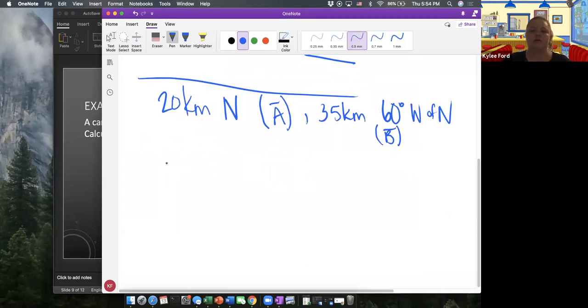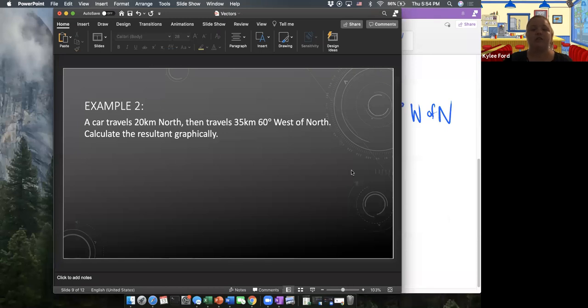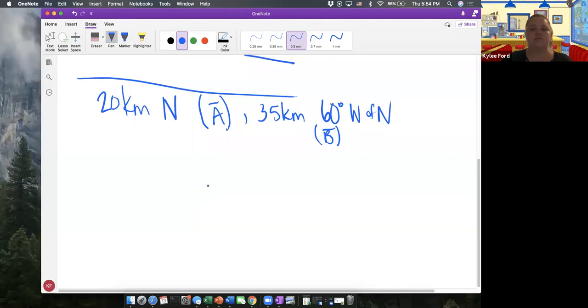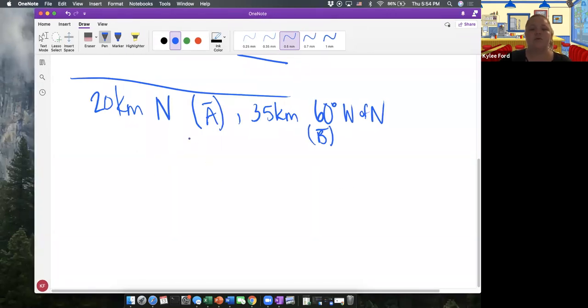All right, so we want to first look at this graphically, or actually that's all we want to do right now. So what we will do is we will say, our A is in the north direction. First we need to designate that.